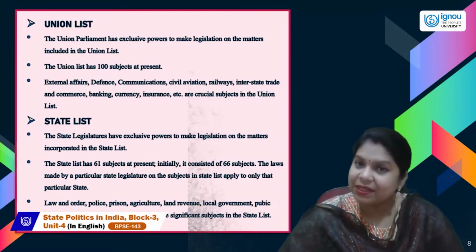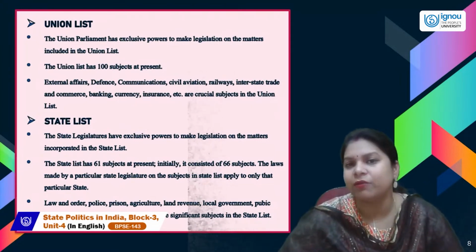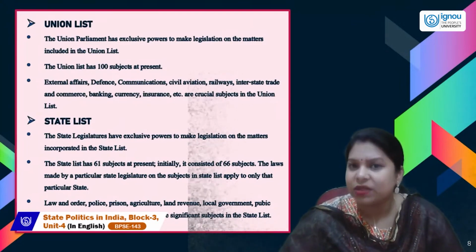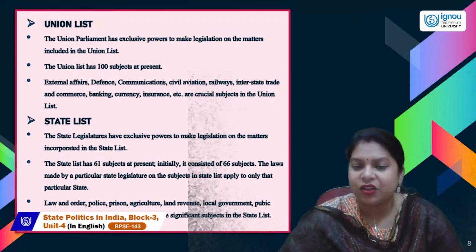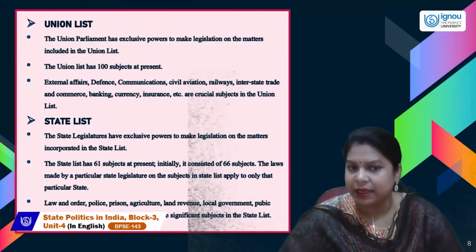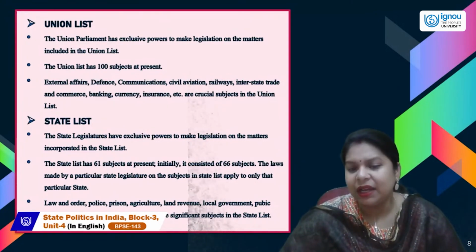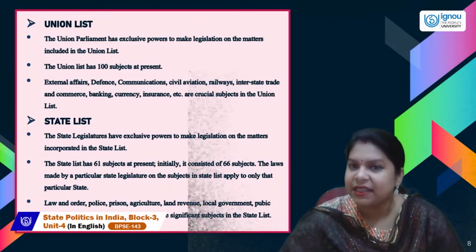Now let's move on to the state list. Let's see what subjects are there in the state list. The state legislature has exclusive power to make legislation on the matters incorporated in the state list. The state list at present has 61 subjects, but initially it consisted of 66 subjects.